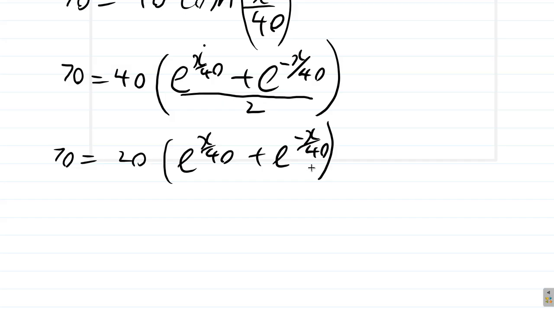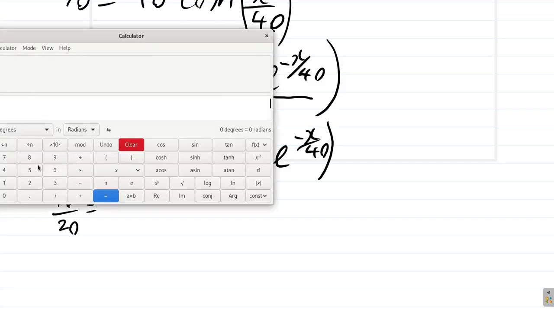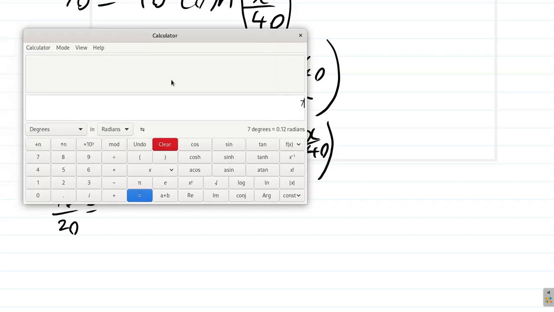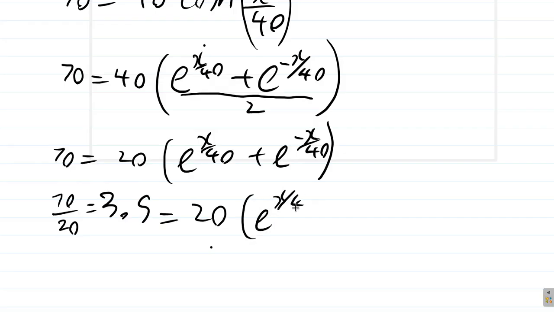If you divide both sides by 20, you have 70 divided by 20, which is the same as 7 over 2, which is 3.5. So it's 3.5 equals e to the x over 40 plus e to the negative x over 40.